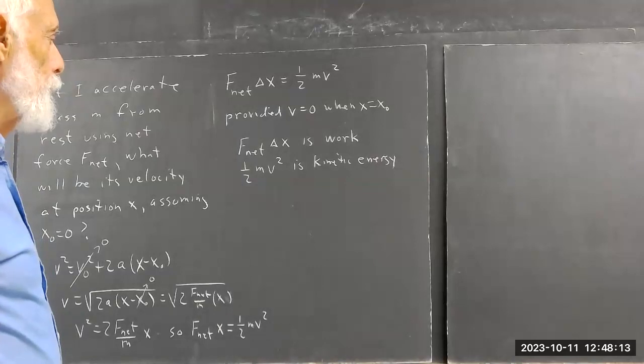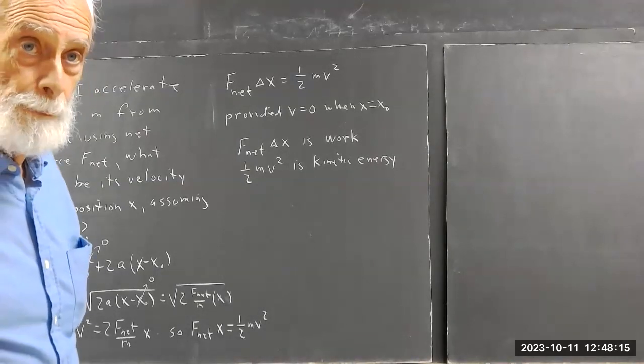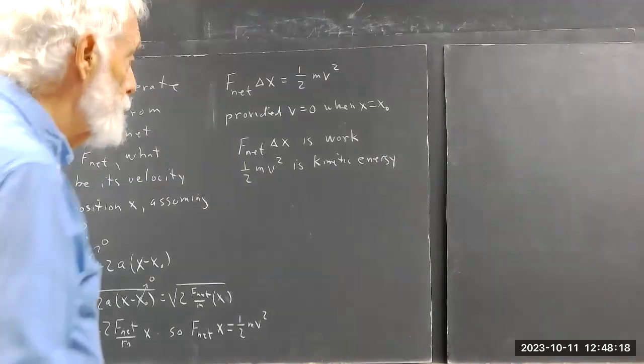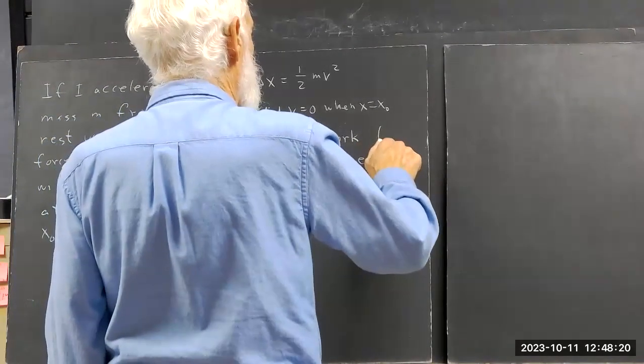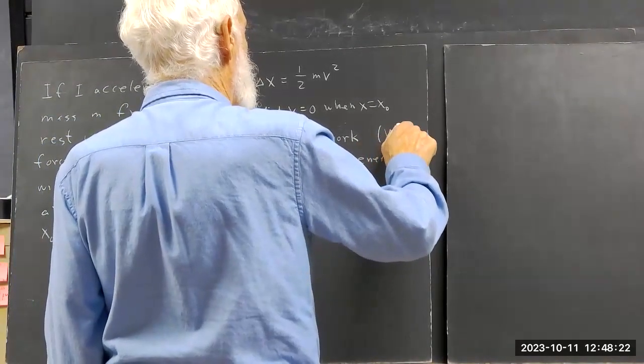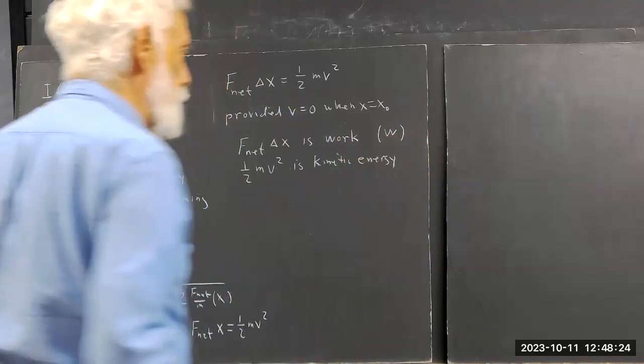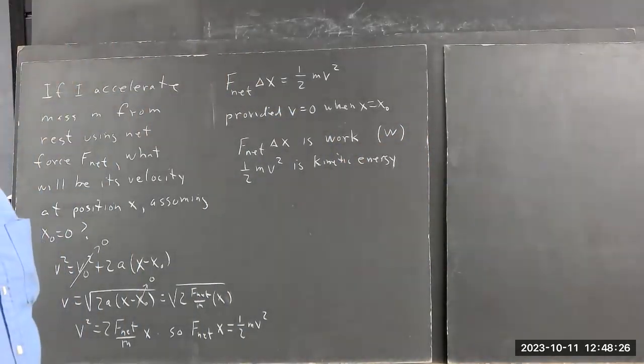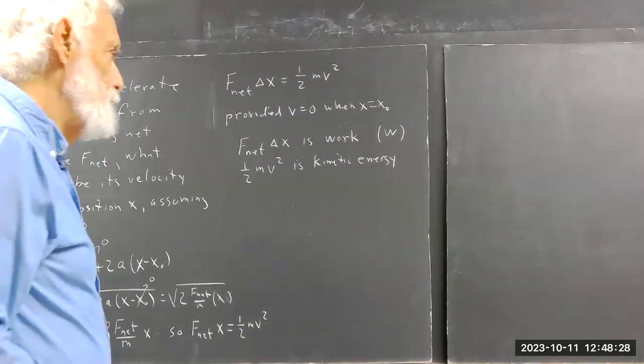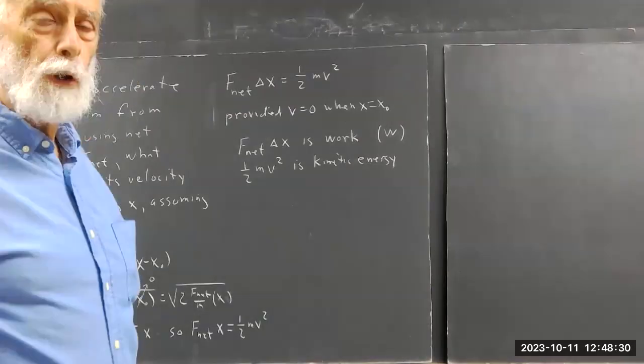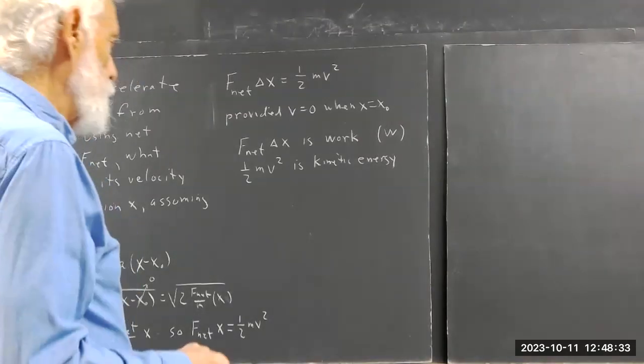One half m v squared is kinetic energy. Okay. Now work, I'll generally abbreviate with a capital W. A lot of times notation is a lowercase w, but I'll probably write a capital W.